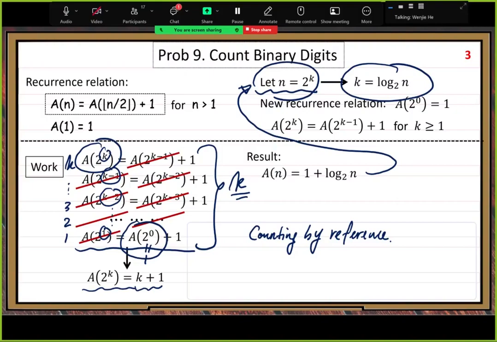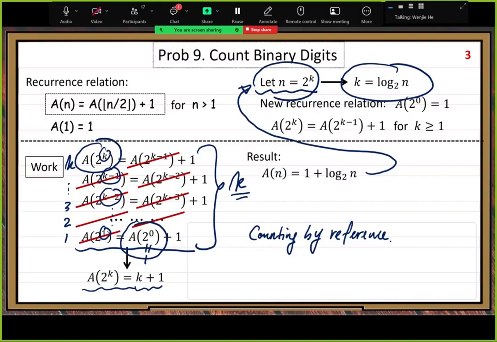So that's what we have at this point. But our goal is we want to find the general case solution, not a special case solution. So we need to do the last step: how to get a formula for the general case.